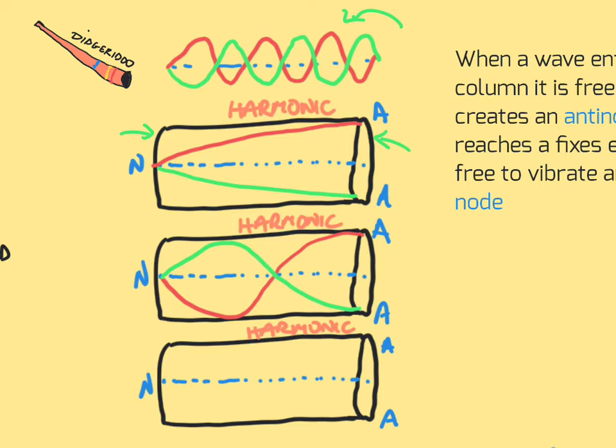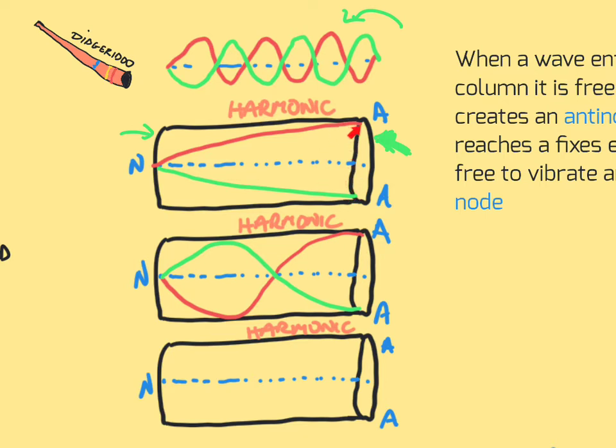So when a sound enters a closed end tube, at the entry point it is open and the air molecules are free to vibrate. And so what's actually going to happen is it is going to give us an antinode pattern.